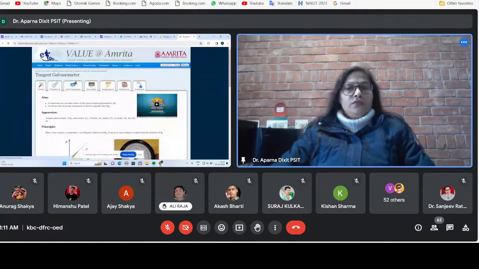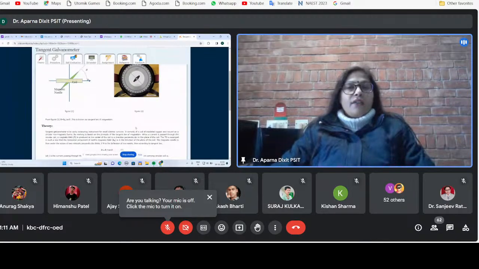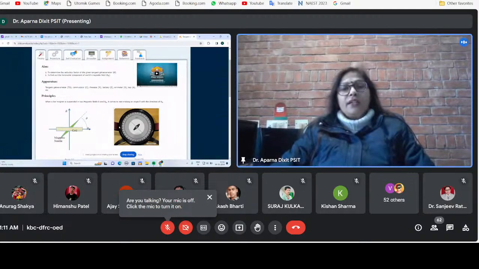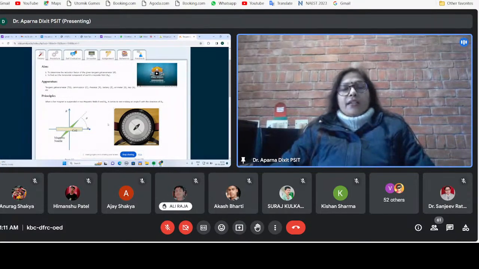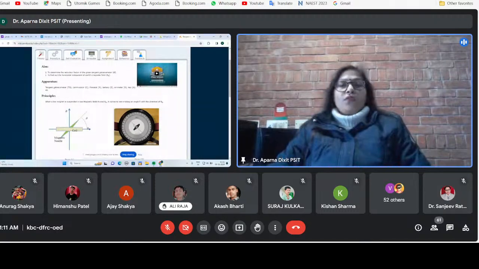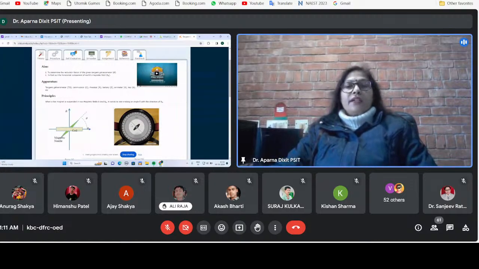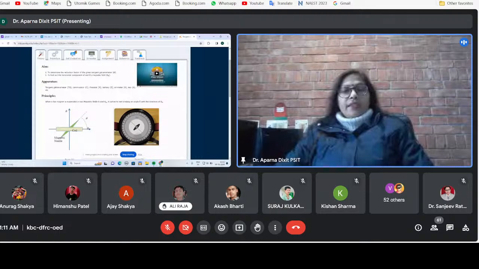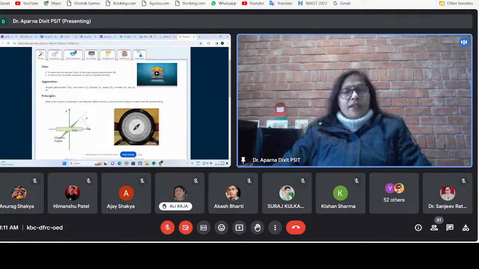So again go through the theory. This is a rough view of the tangent galvanometer. Again we need to set, this is the circle. In this circle we need to keep the 90-90, and the pointer must be set at 0-0. These two are pointers, and this is the magnetic needle. When it is set at 90-90, the magnetic needle will come to the position of 90-90.